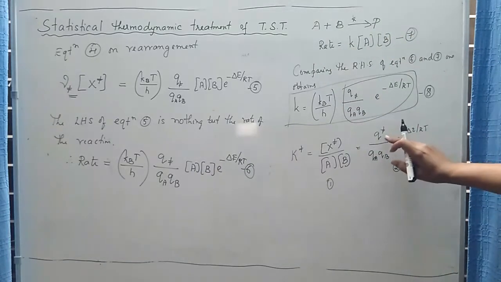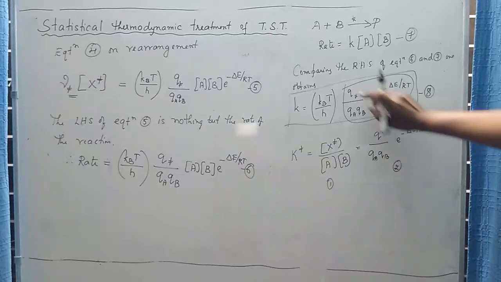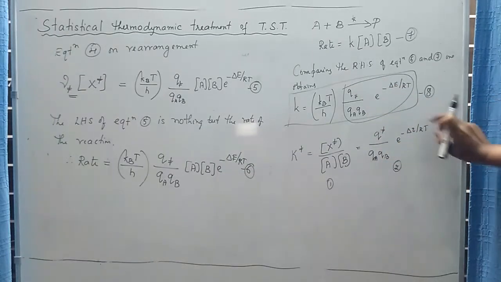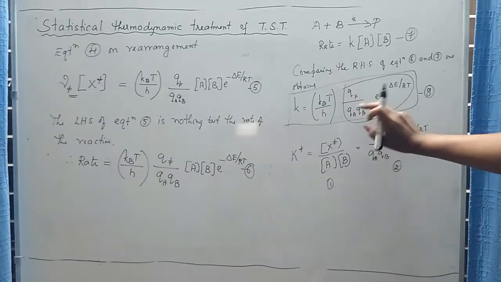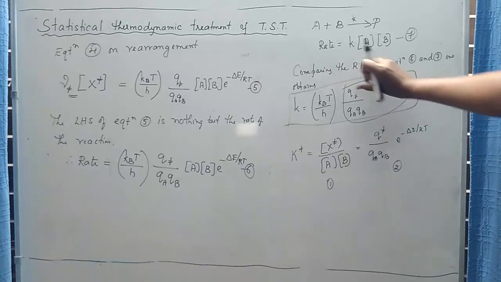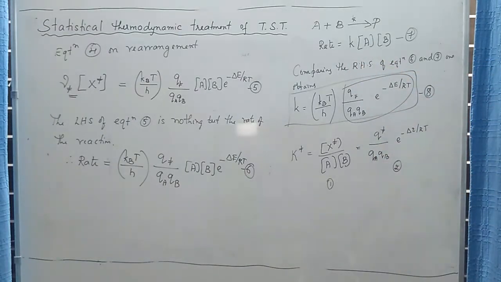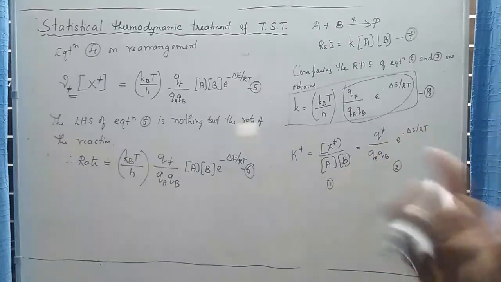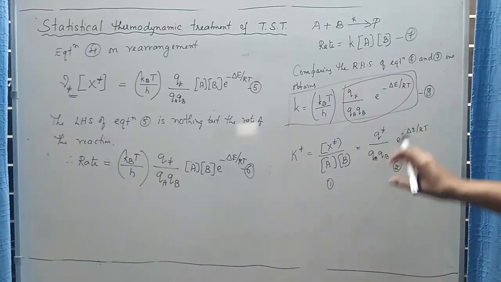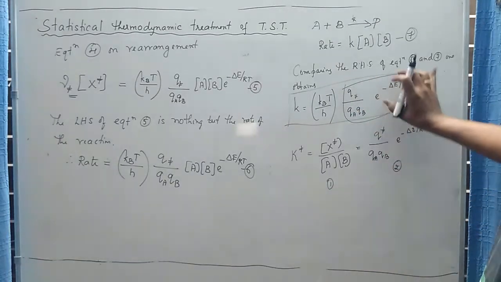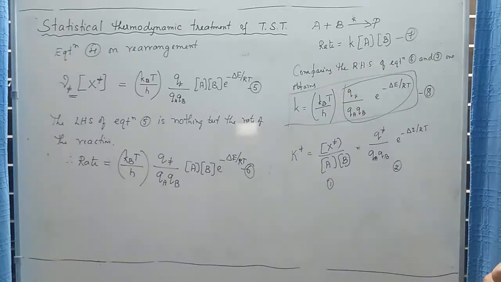But if I leave this, the rest of the terms in this expression are the same. Other than this Q dagger, the rest of the expression is almost the same. So what we do here is we approximately assume that this term is roughly equal to the equilibrium constant.